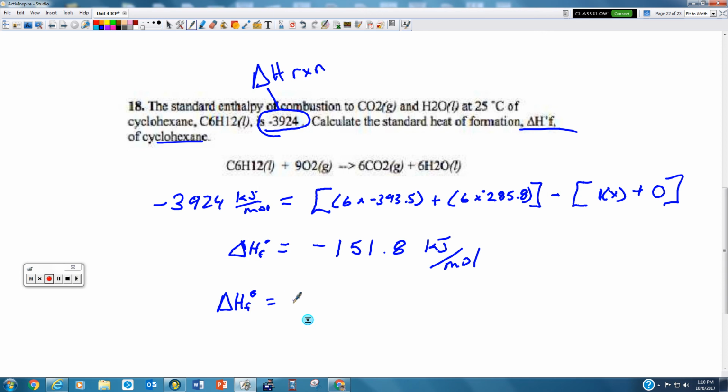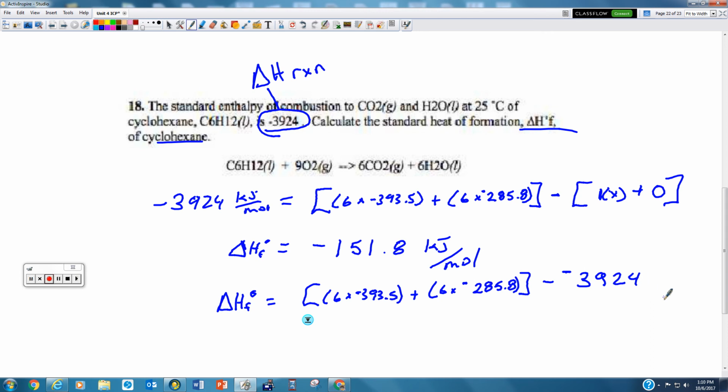So we're solving for the heat of formation of cyclohexane, so it would be the same as saying 6 times negative 393.5 plus 6 times negative 285.8 minus a negative 3,924.